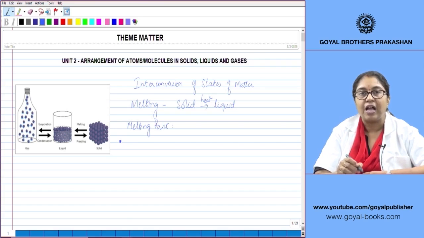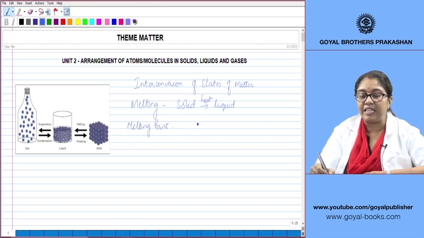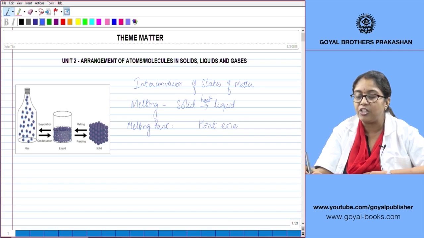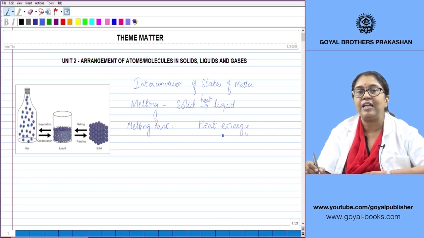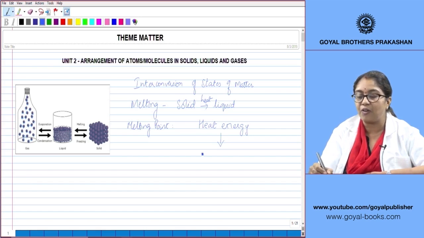So when you apply heat energy to a solid, what happens? You know that, as per the law of conservation of energy, energy can neither be created nor destroyed. It can only be transformed from one form to the other. So the heat energy supplied to the solid is taken up by the particles and converted to kinetic energy.